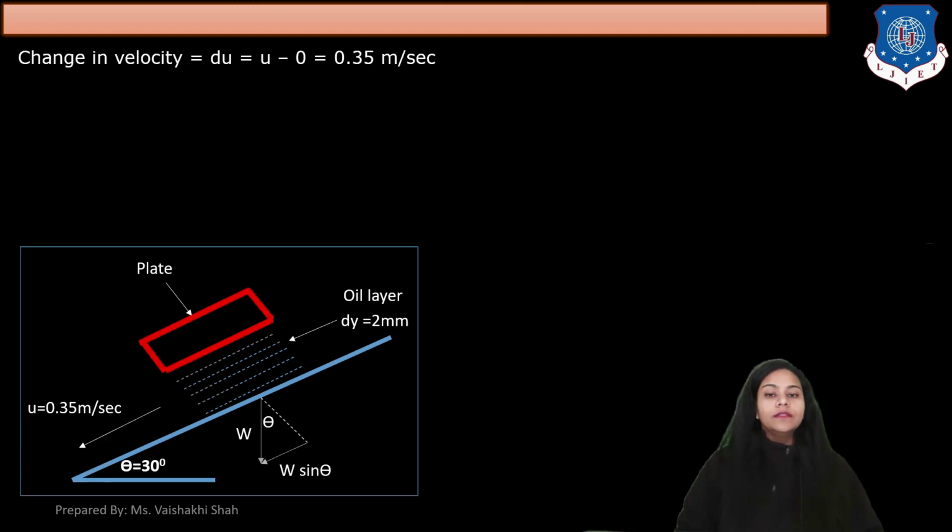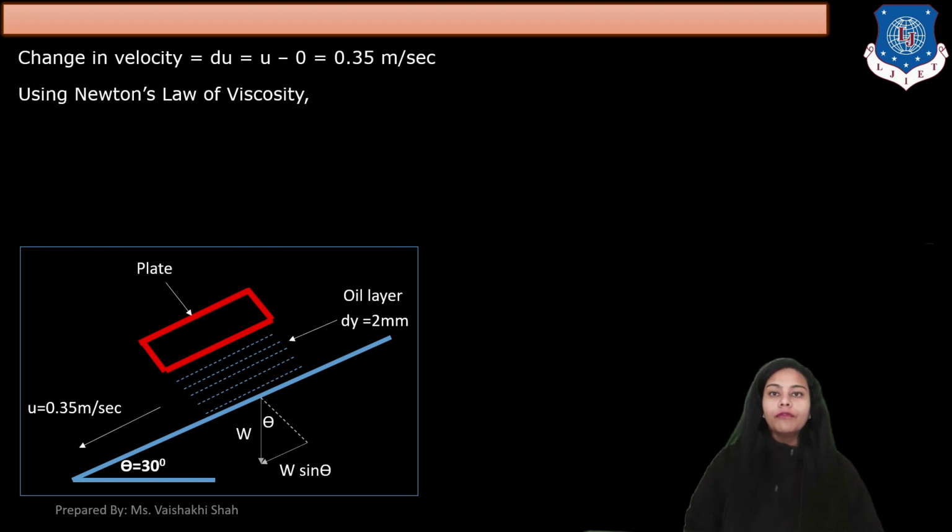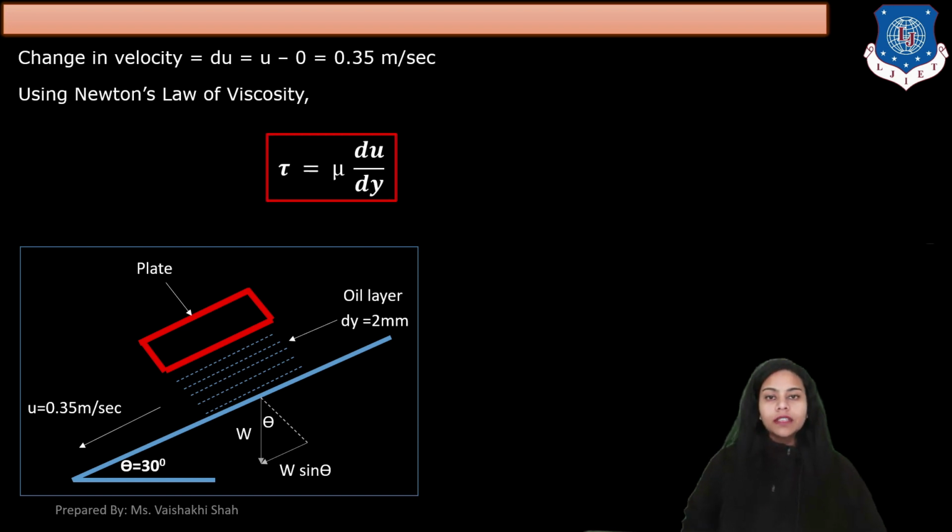Now, the change of velocity du is u minus 0. If we consider the bottom inclined plane as fixed, then du equals u minus 0, and u is 0.35, so du equals 0.35. By Newton's law of viscosity, the equation is tau equals mu into du by dy.